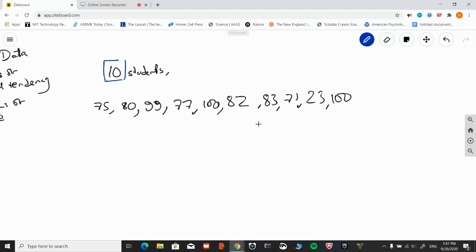All right. So let's say teachers often calculate the class average of a particular subject, the average score of all the students in that subject. Why is that important? Because it gives you an idea of how well the students generally did in the test.